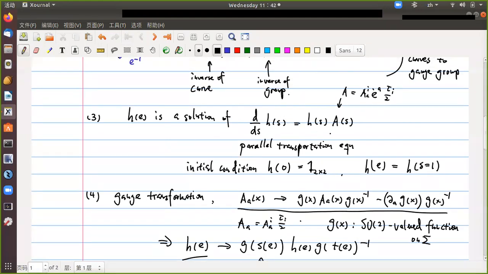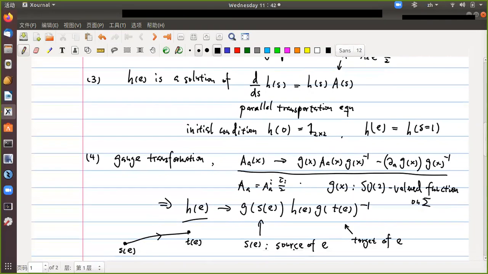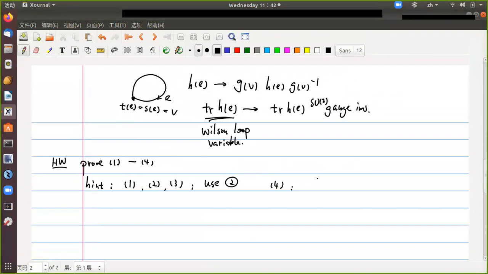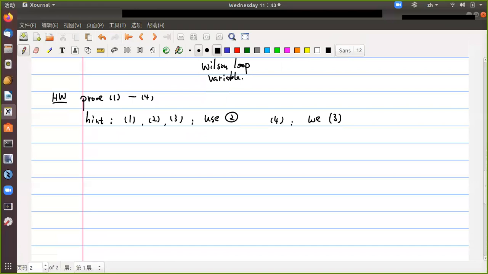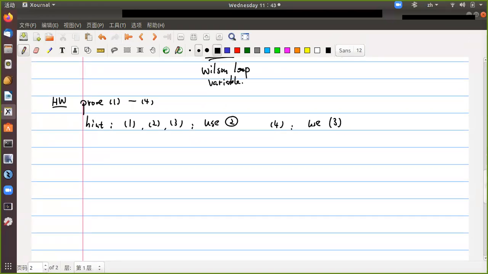After you prove property 3, you can use this result to prove property 4. This is the most efficient way to prove this theorem, and it is very easy to prove. So these are all for holonomies.